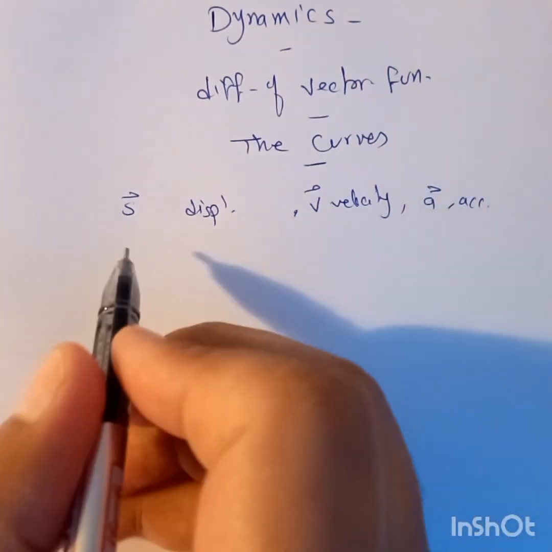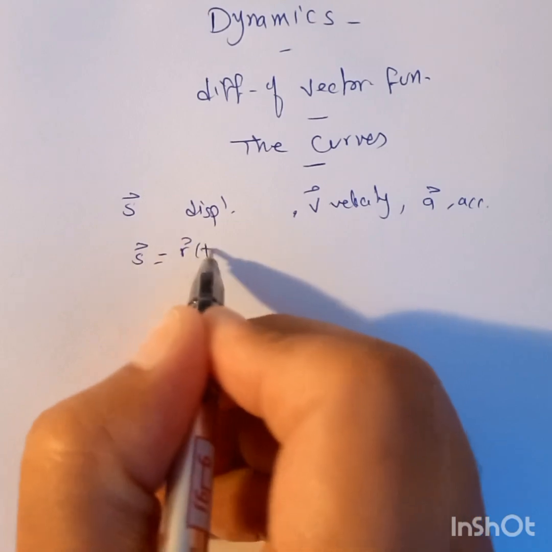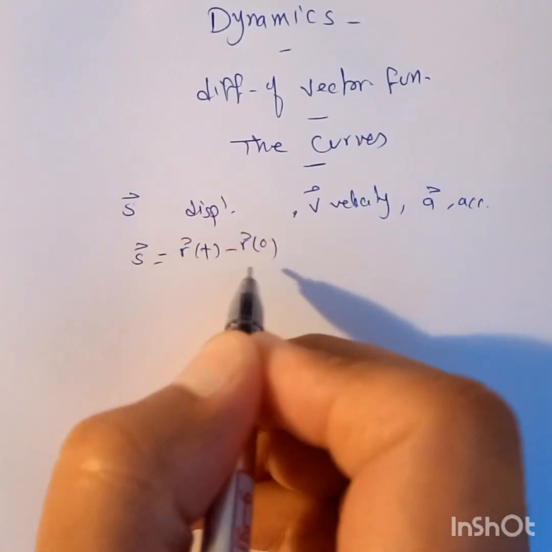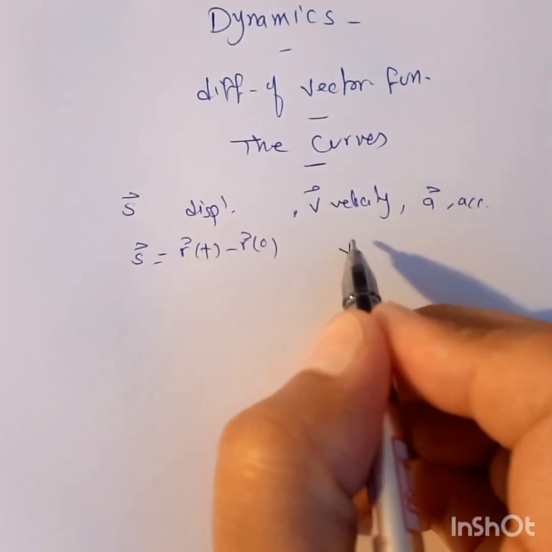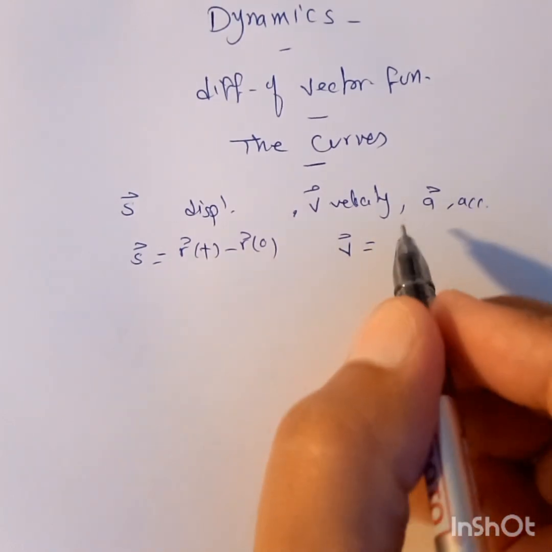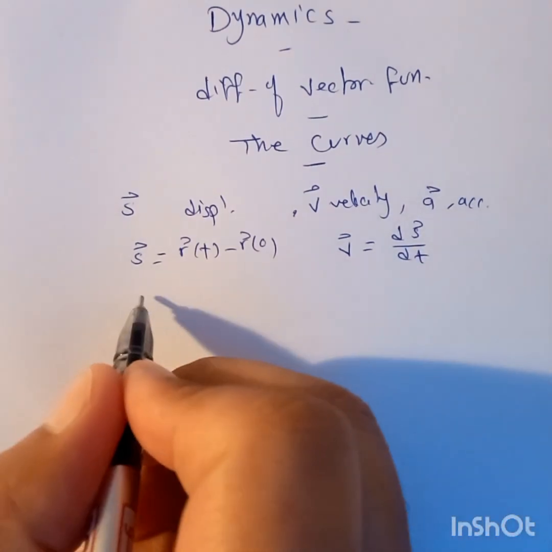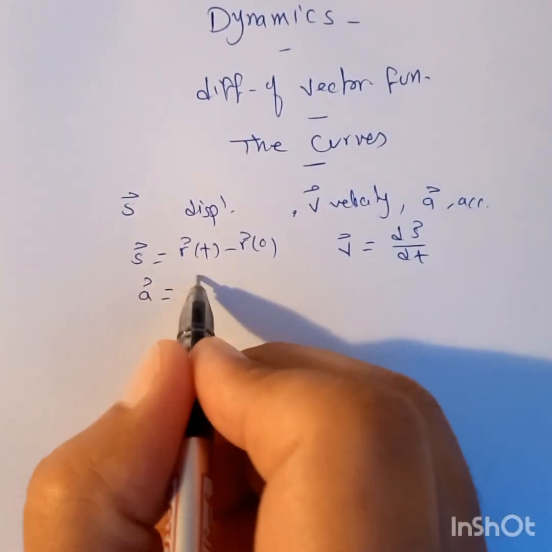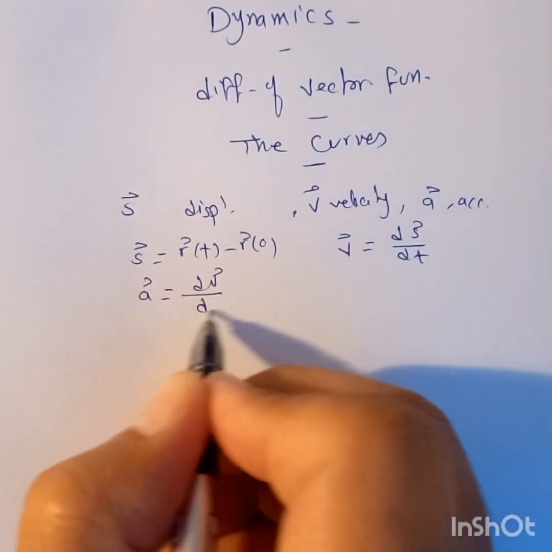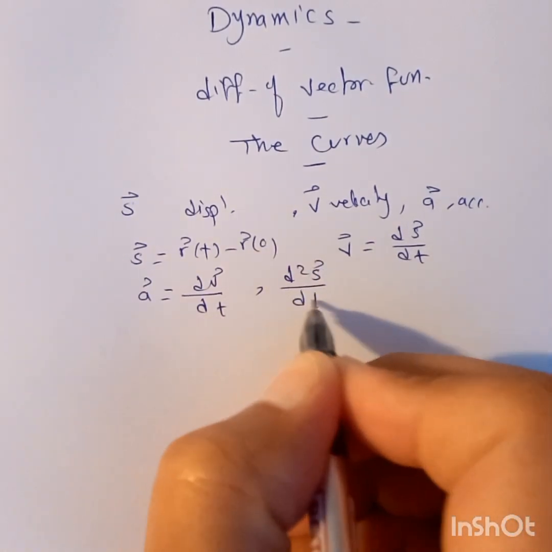As we said, S equals R of t minus R of 0. Velocity equals the first derivative of the displacement with respect to time, ds/dt. Acceleration equals dv/dt, or the second derivative, d2s/dt squared.